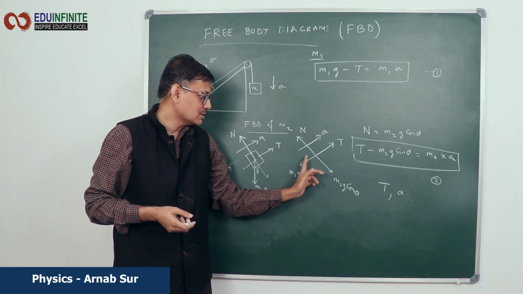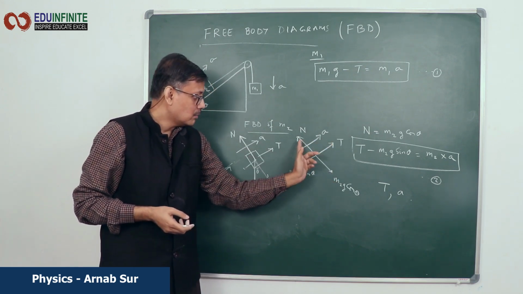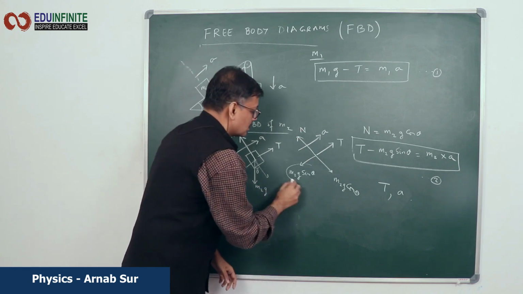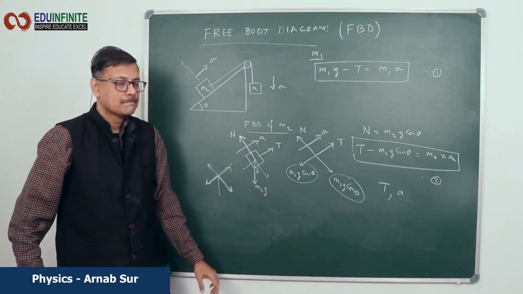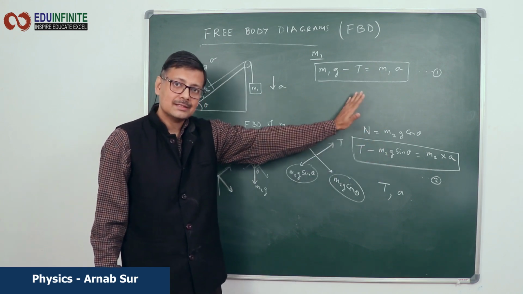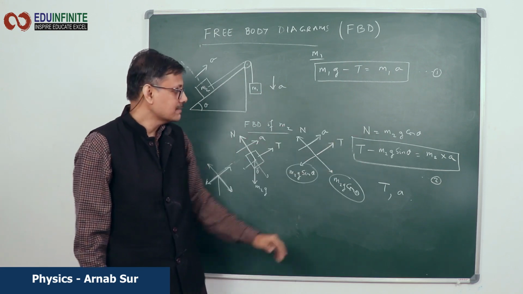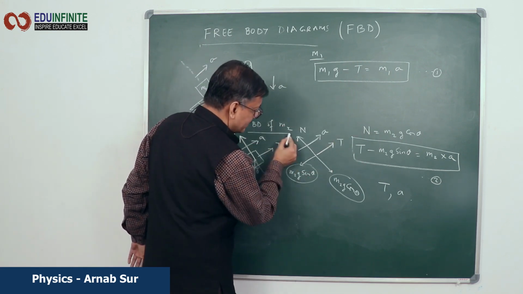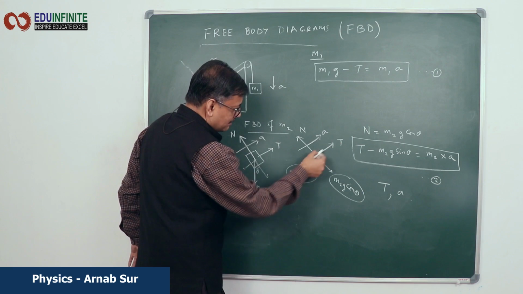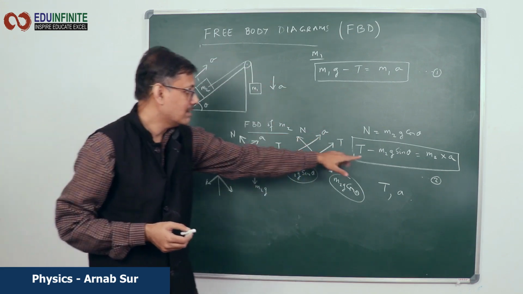We are resolving the vector into two parts, one along the incline and one perpendicular to the incline. That is why these two terms have come. But for the rest, we are following just F is equal to ma. So net unbalanced force is mass times acceleration. There is no acceleration perpendicular to the incline, but there is some acceleration along the incline. For this case, it is up the incline. So we have got this equation.